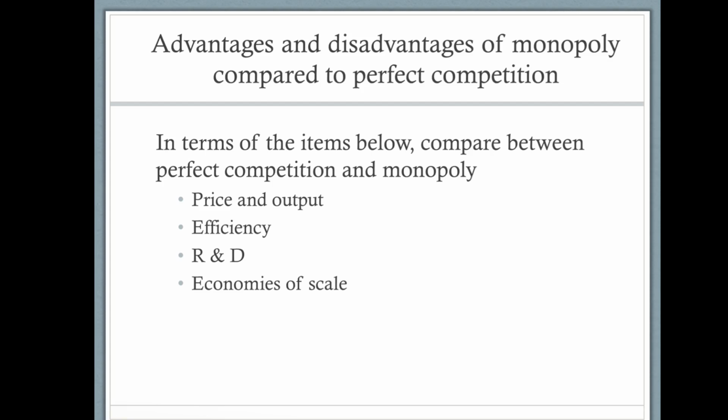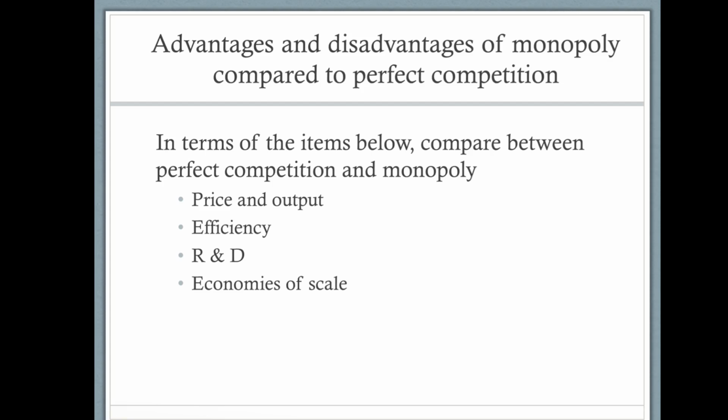But for monopoly, they are going to control their price because they have the market power. They have the market power to control the price, so they can set the price at a very high level, and they can control the output. When they restrict the output, that is when they can set a higher price.